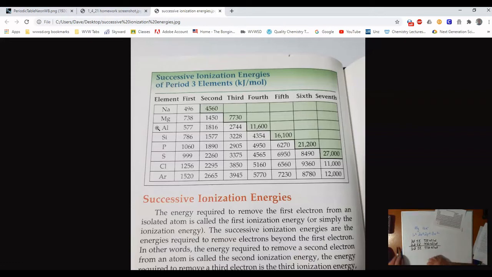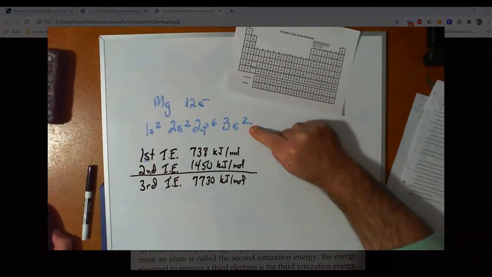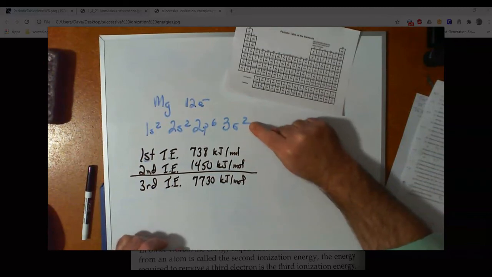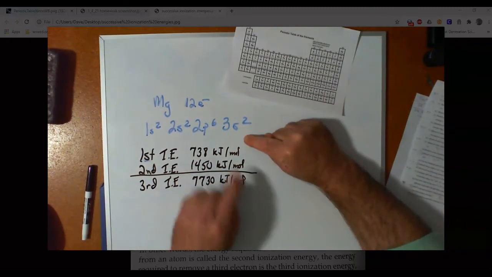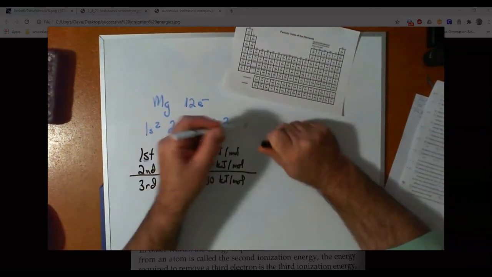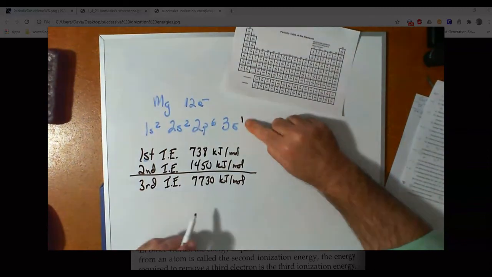Well, let's take a look at where these 3 electrons would be coming from. This first ionization energy, 738 kilojoules per mole, is going to remove one of these 3s electrons. So you pump in 738 kilojoules, you get rid of that one electron. Now it's a 3s1 situation.